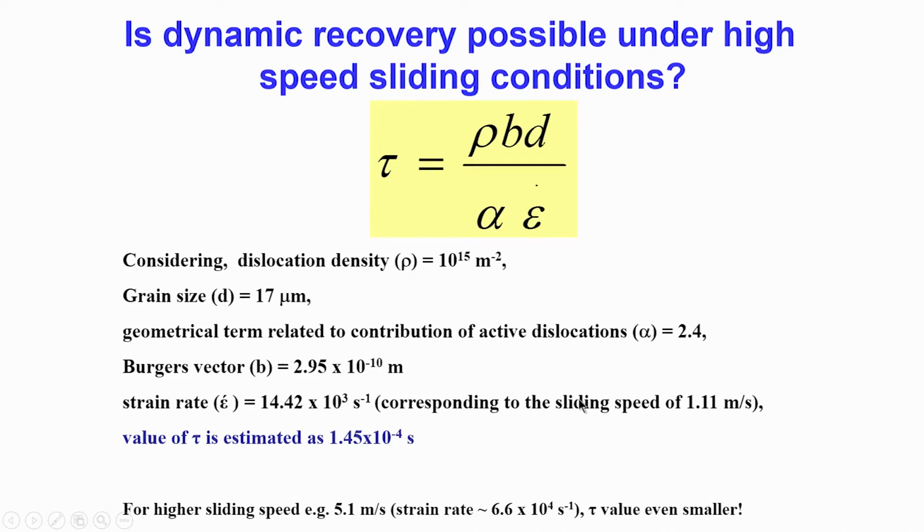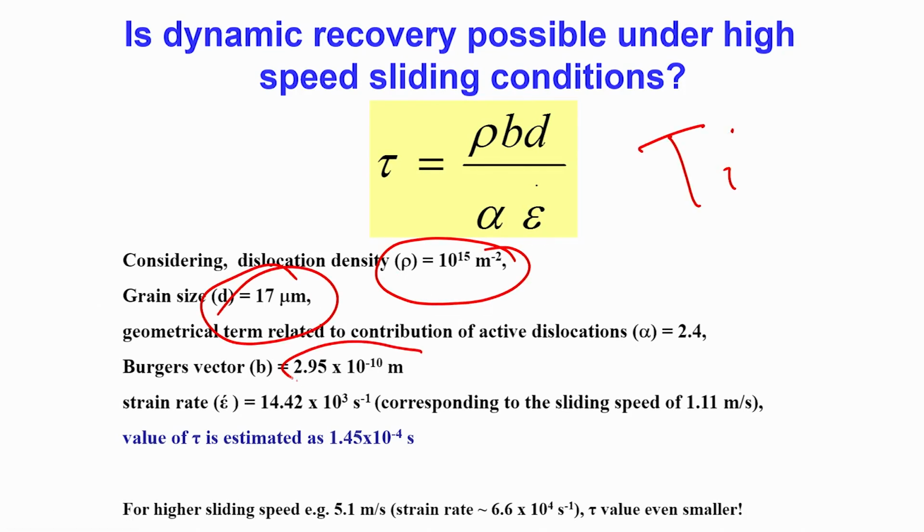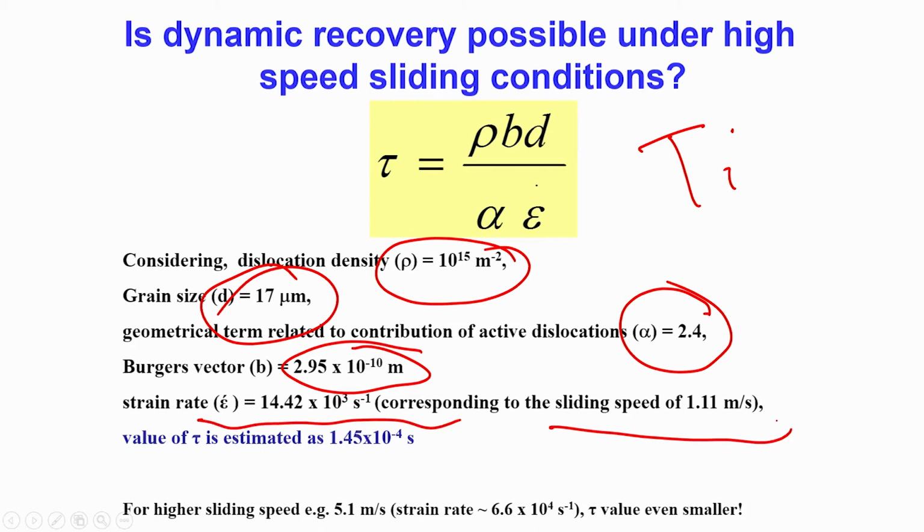Now, we wanted to see whether dynamic recovery is one of the possibilities under high stress sliding conditions, and for that we have calculated the dislocation density. We considered the grain size in the case of titanium, the Burgers vector of the dislocations, the fraction of active edge dislocations, and the strain rate corresponding to the sliding speed of 1.1 meter per second.